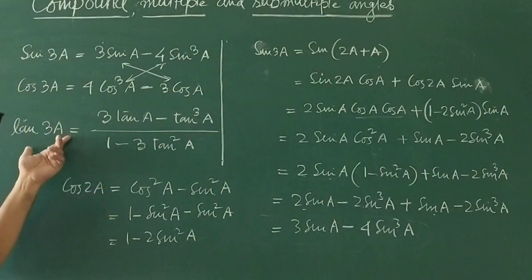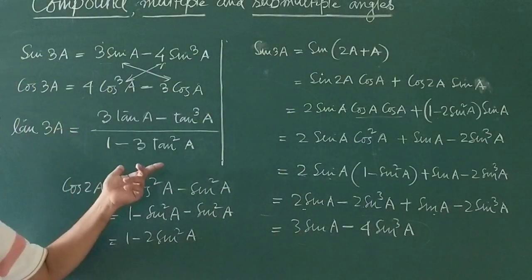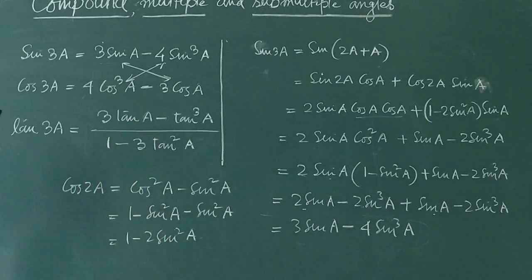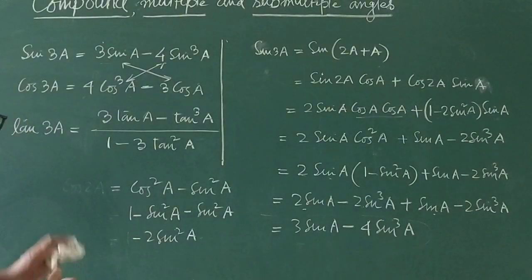So let us try to find out what is tan 3a. Actually tan 3a is this one, I have written it, so tan 3a equals 3 tan a minus tan cube a divided by 1 minus 3 tan square a. Very very useful formula. Let us try to prove it.